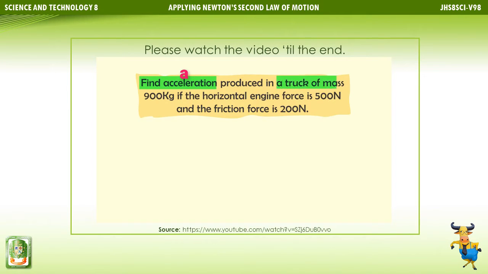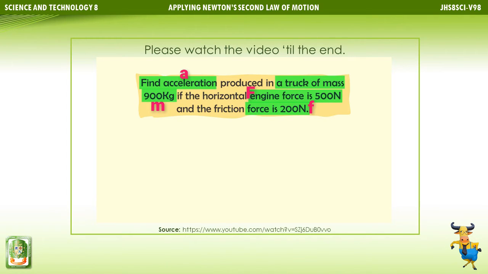Secondly, a truck of mass m 900 kg, and also highlight it. Thirdly, the horizontal engine force F is 500 Newton, and highlight it. Fourthly, the friction force small f is 200 Newton, and highlight it.